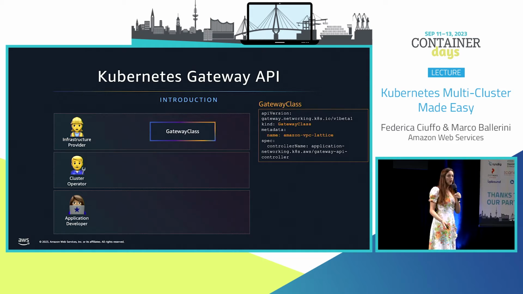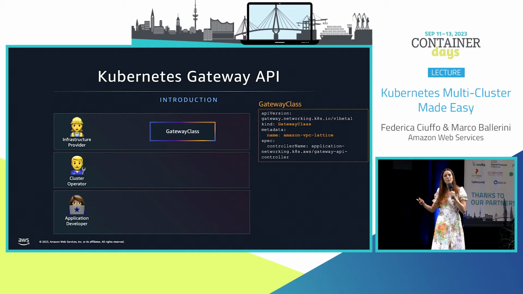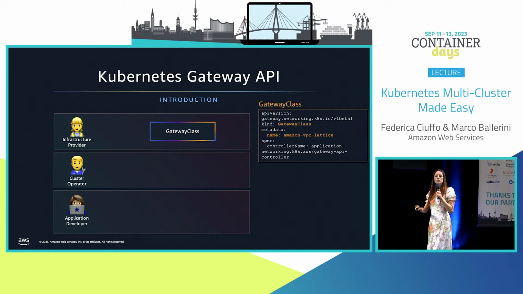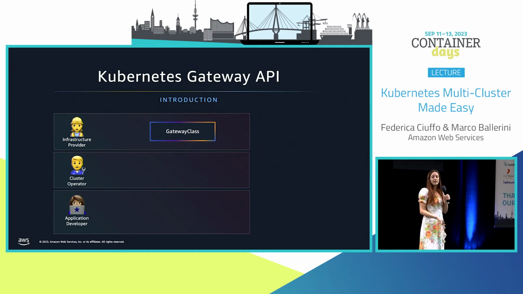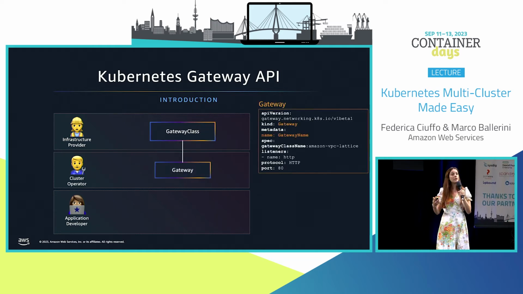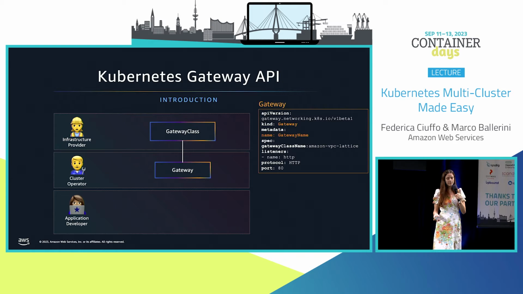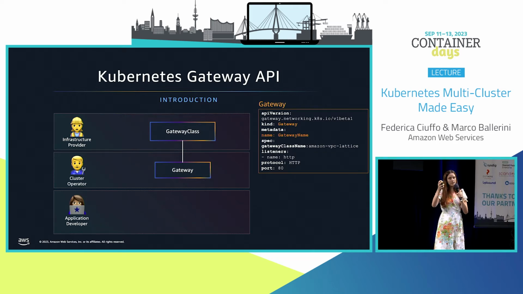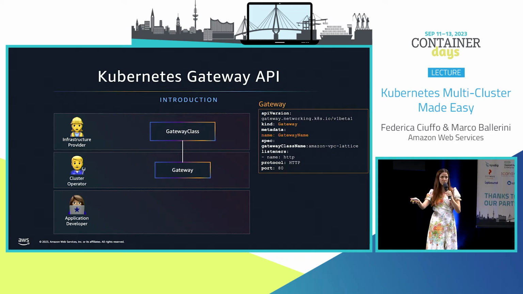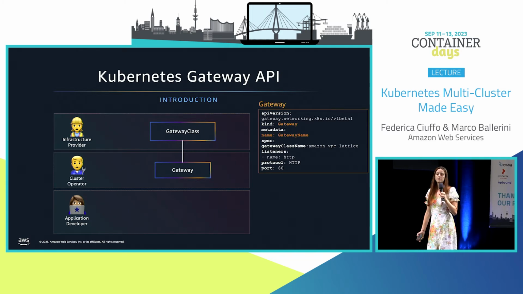The gateway class formalizes the set of load balancing implementations that you can use with the Kubernetes Gateway API, much like an ingress class for an ingress. Then the cluster operator will create the gateway. The gateway is the point where traffic from outside the cluster is translated into in-cluster traffic. It could be a load balancer, it could be a proxy. And then from the gateway, the traffic will flow according to some rules to your applications.